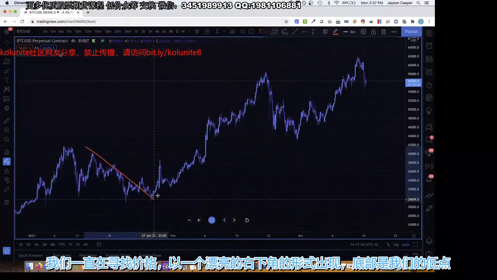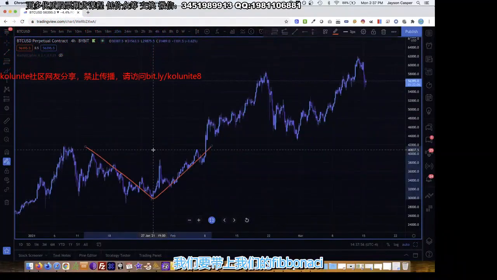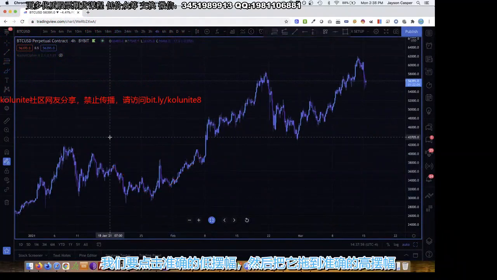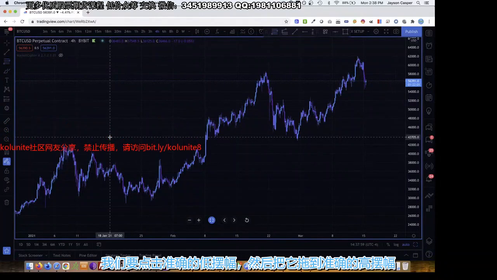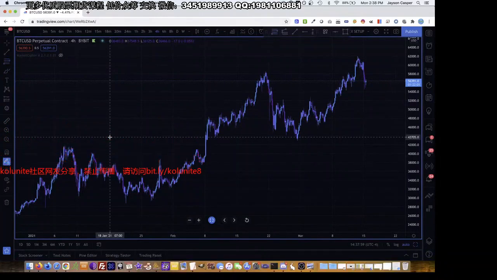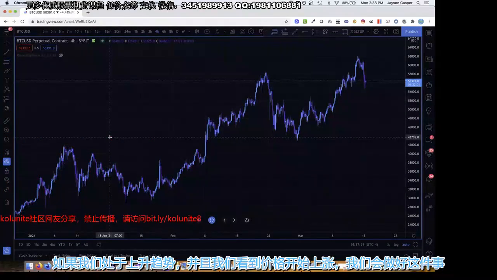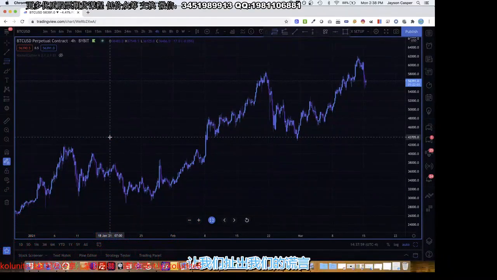That bottom is our swing low. We're going to take our Fibonacci, click at the exact swing low, and drag it to the exact swing high, okay? If we're in an uptrend and we see price starting to take a dump, that's when we say, okay, let's pull out our fib.